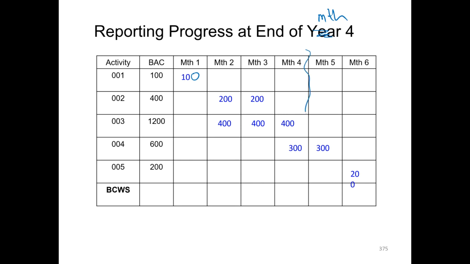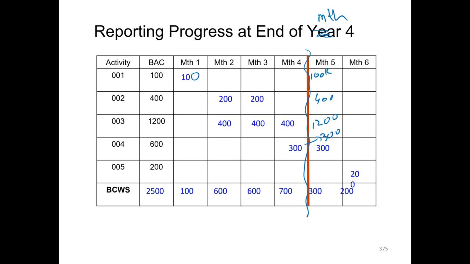So we are reporting the progress of the project at this reporting period by end of month 4. So how much money should we have spent? We should have spent 100k on activity 1. We should have spent a budget of 400 on activity 2. For activity 3, we should have spent 1200, and for activity 4, by end of month 4, we should have spent 300, right?